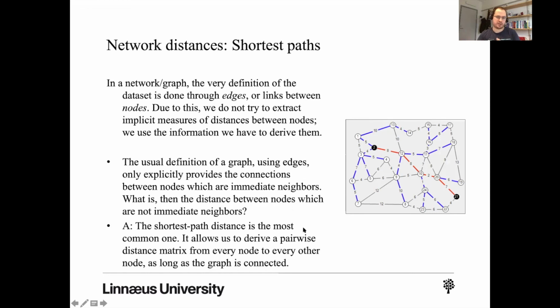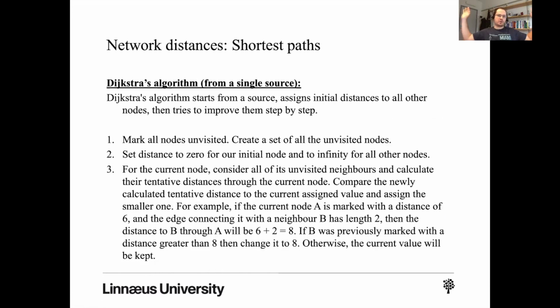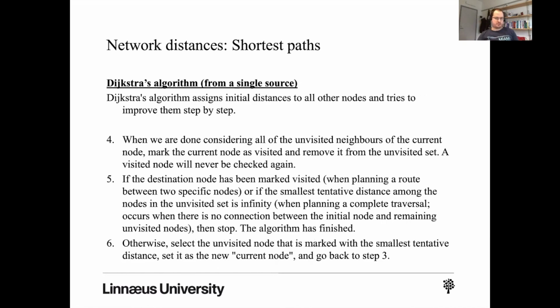And basically, we're going to then define the shortest path distance. There's a very classic algorithm, one of the most classical algorithms in computer science, the Dijkstra algorithm. I'm not going to go through it in detail because I think it's really not the point of the lecture today. The algorithm is here in the slides, and you can read that later if you're interested in reproducing it.